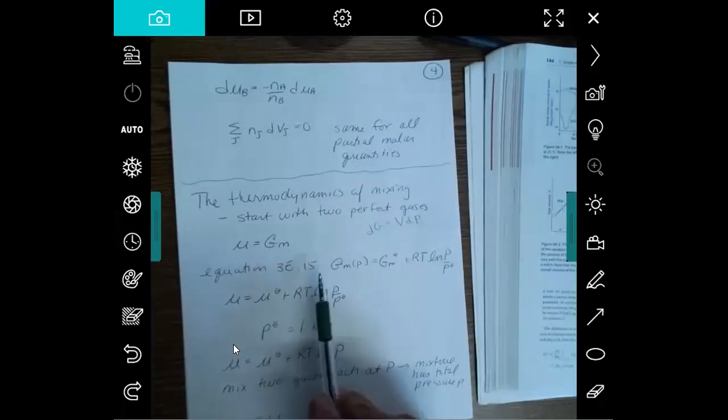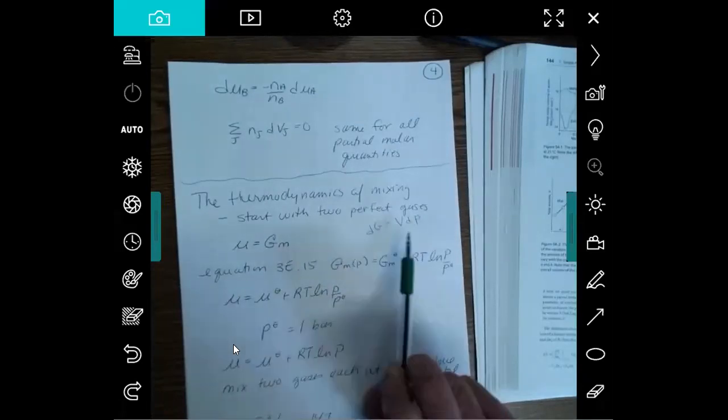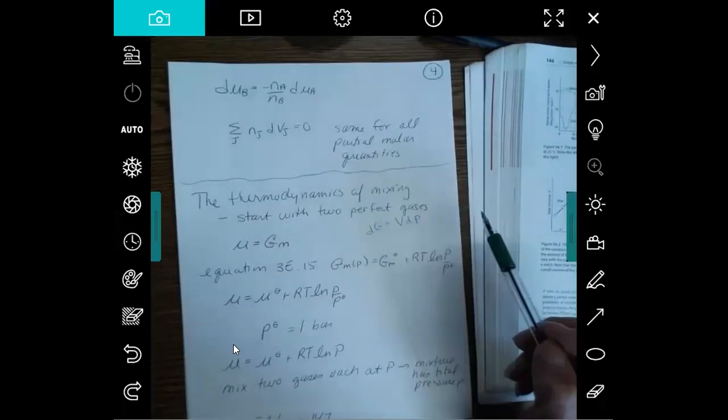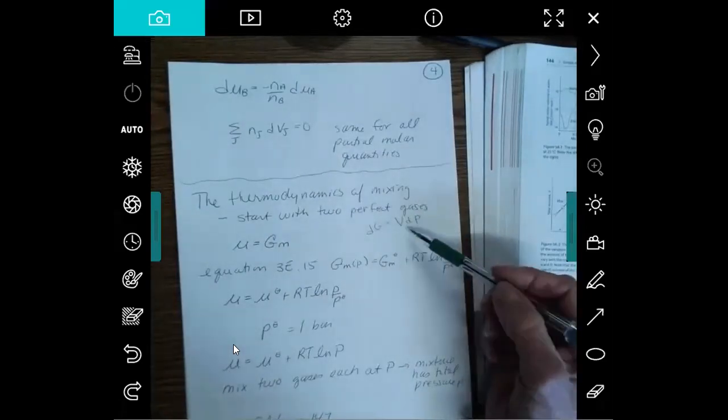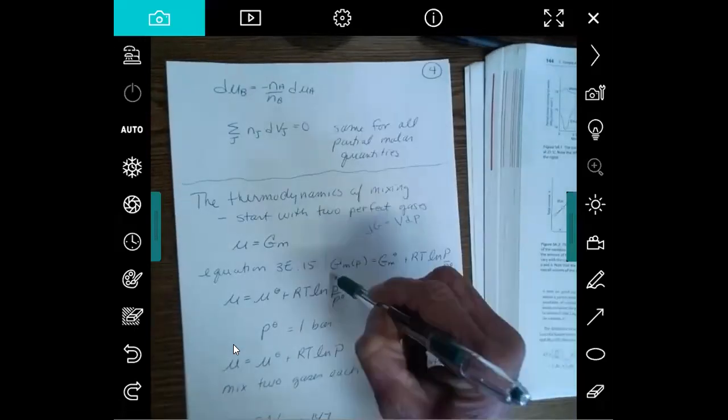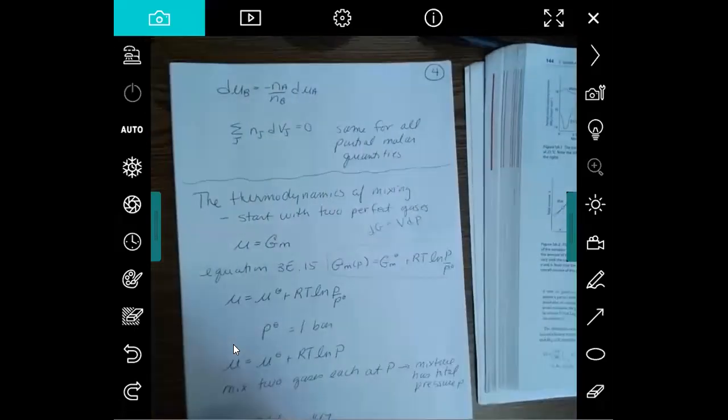If we have a perfect gas, we derive this relationship where volume can be written as a function of P and T. And if it's constant temperature, then we end up with this equation. We derived this on the board back in focus 3.